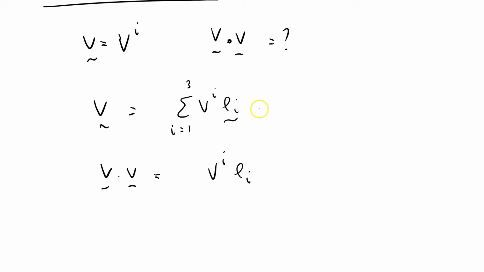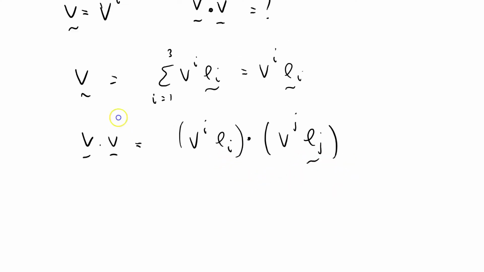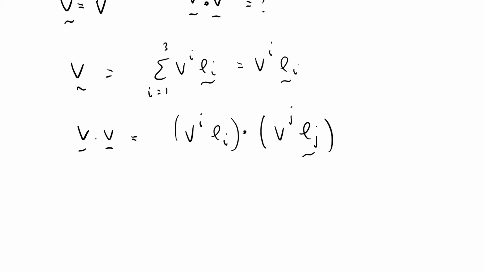Of course, you don't need to write the summation there. Dot v^j e_j. I'm using different dummy indices, this i and that j, because I don't want to get tangled up. And of course that's summed over i and summed over j, v^i v^j e_i dot e_j.